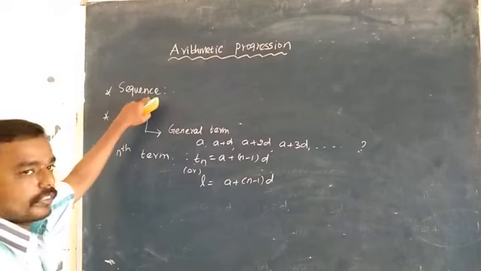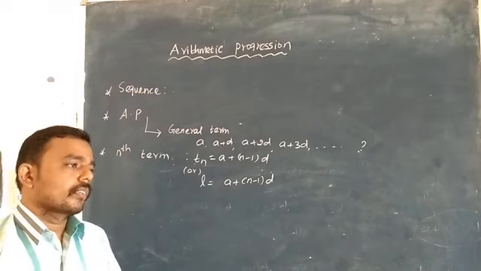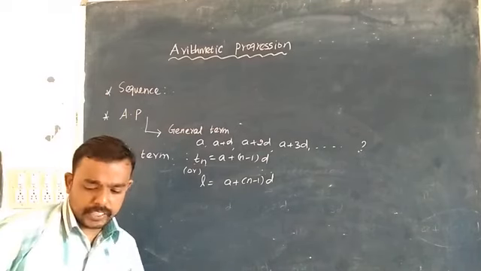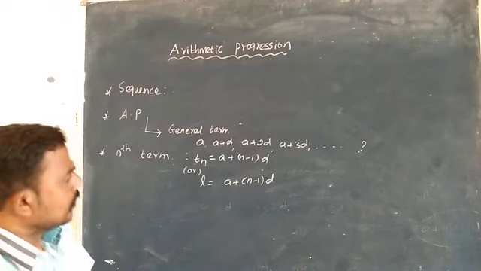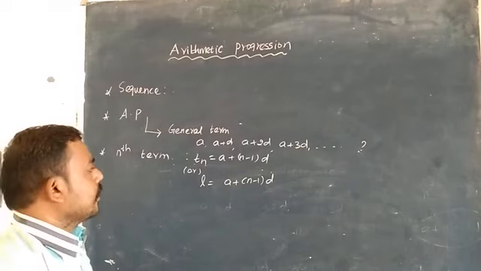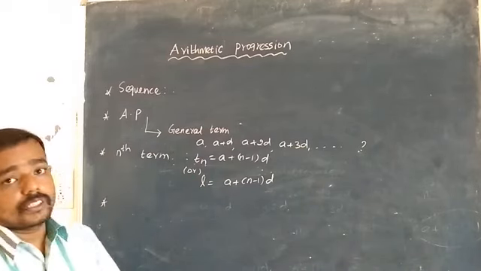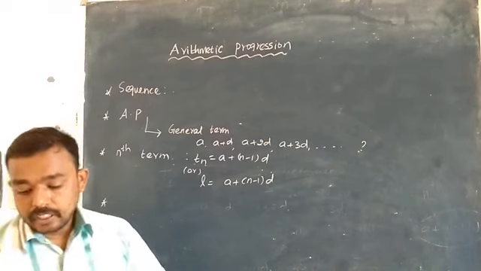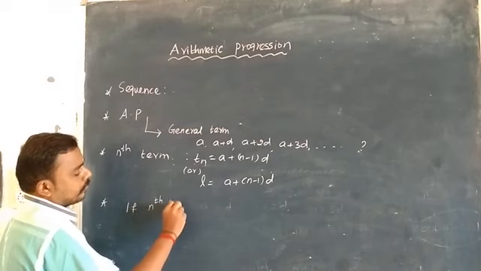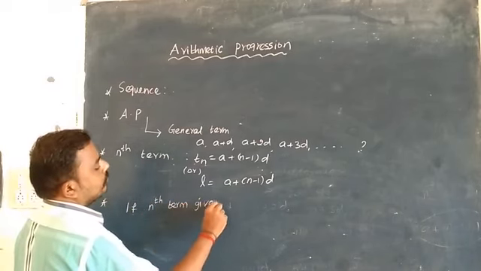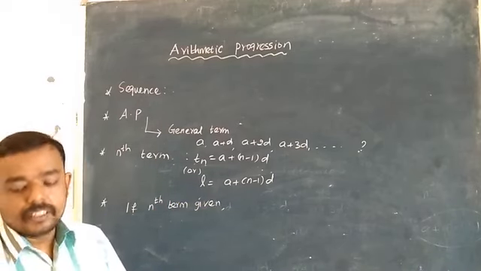So we studied sequence, arithmetic progression, and the nth term here. Now which one is an AP and which one is not an AP, you also studied, right? Now think about the series, think about the sequence, that is arithmetic progression. If the nth term is given, then how to find the AP?